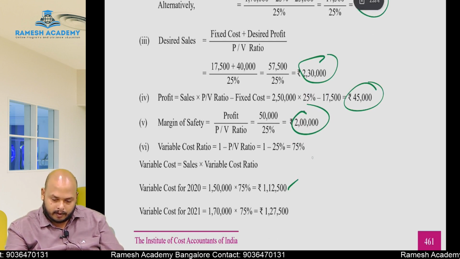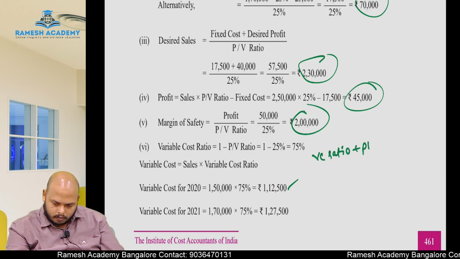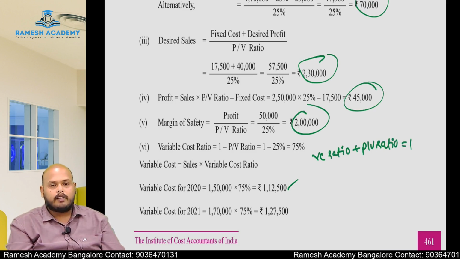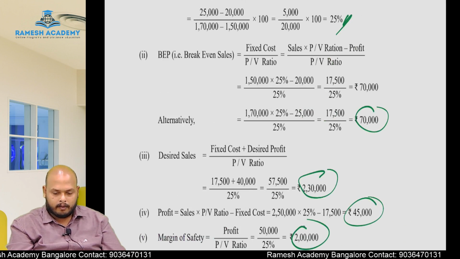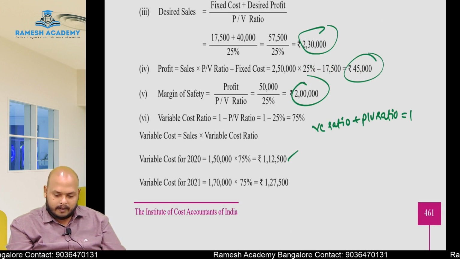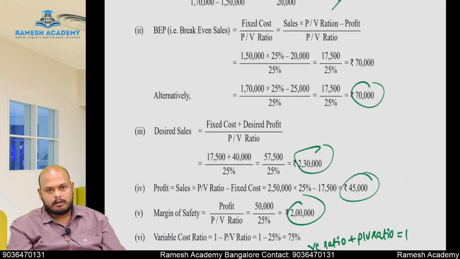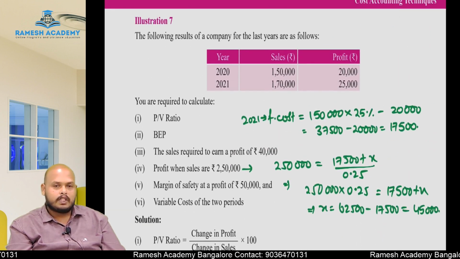What is the universal formula? Variable cost ratio plus PV ratio is equal to 1. By using that formula, PV ratio we already know, 25, so this will be 75. 1,70,000 into 75%. How much? 1,27,500.